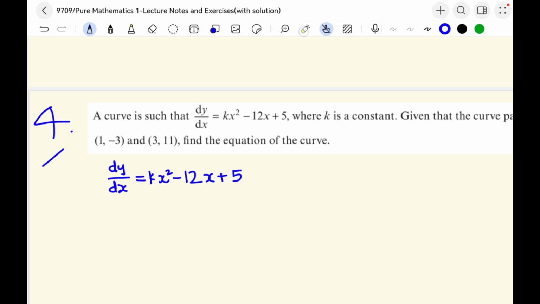Given a gradient function dy/dx is equal to kx squared minus 12x plus 5, where k is a constant but unknown. However, you still have to find the values of k as well as c after you integrate it.